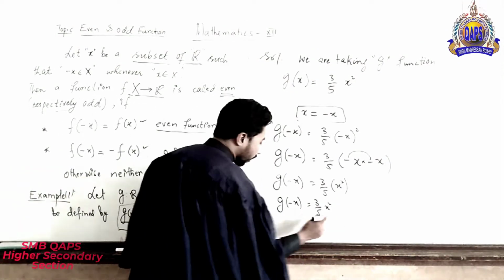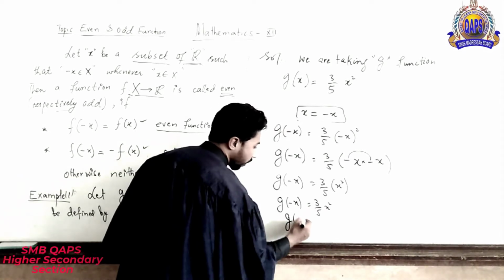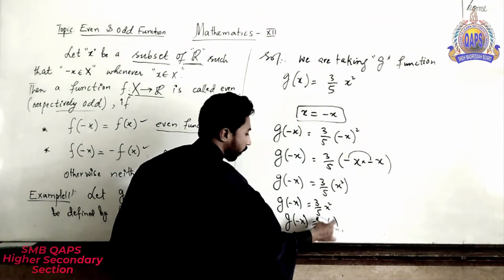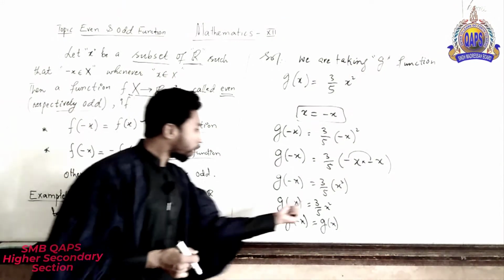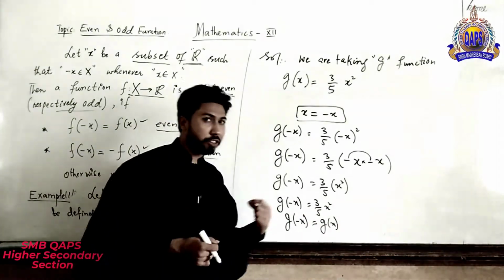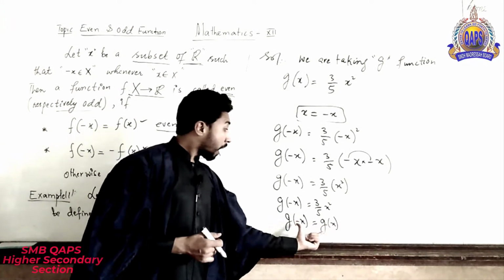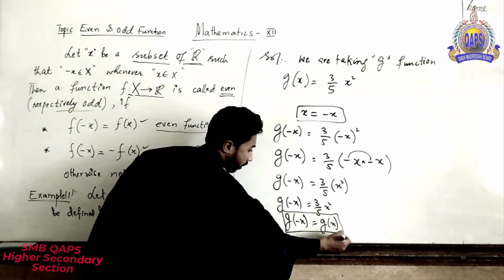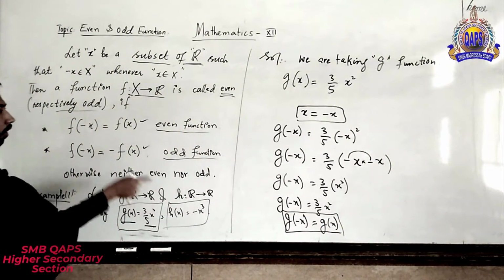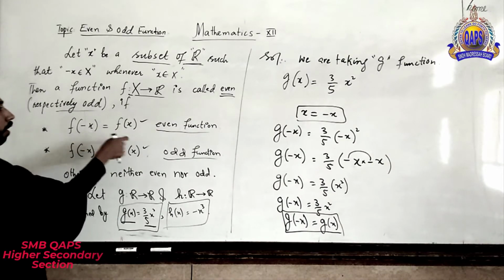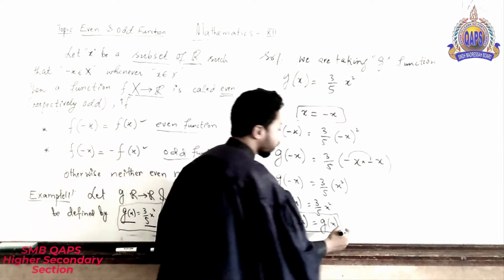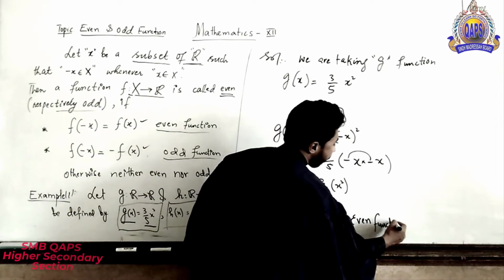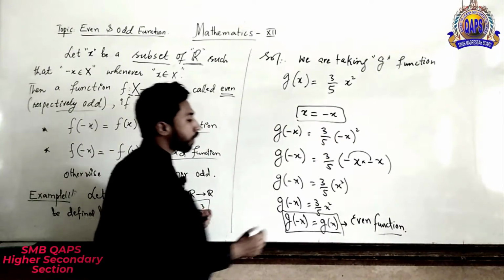So you can say that g of minus x equals g of x. This function satisfies the first condition, so this function represents an even function. This is our answer.